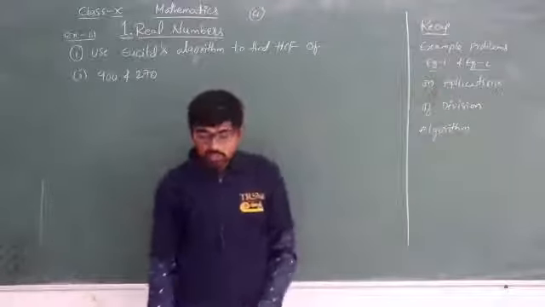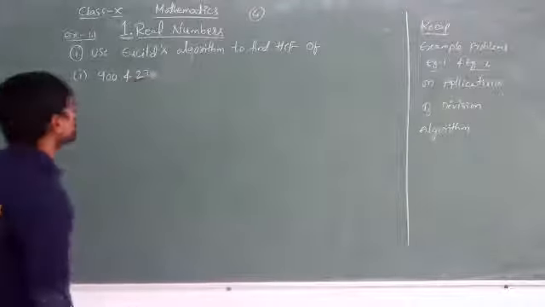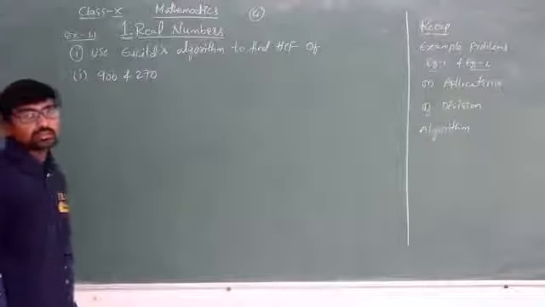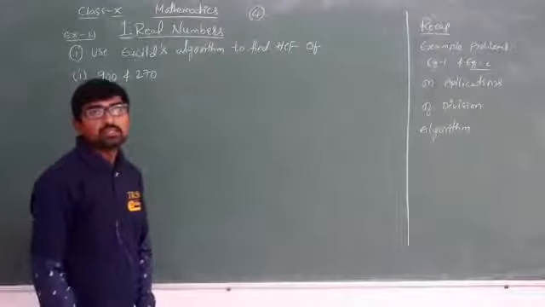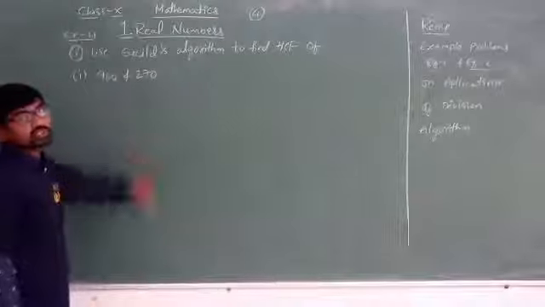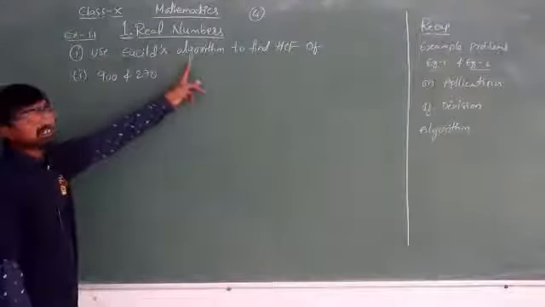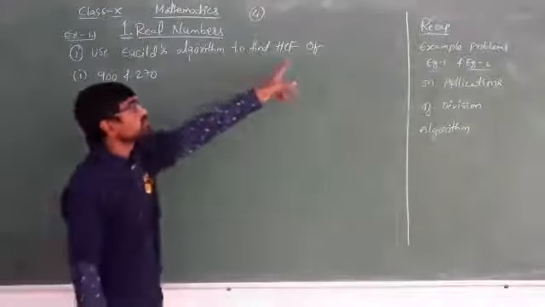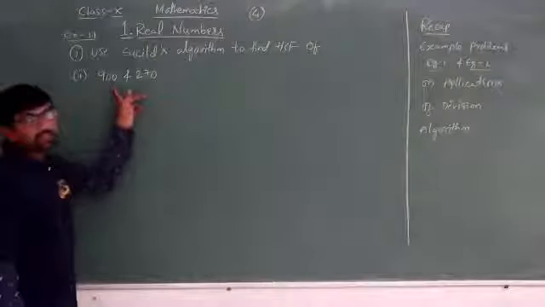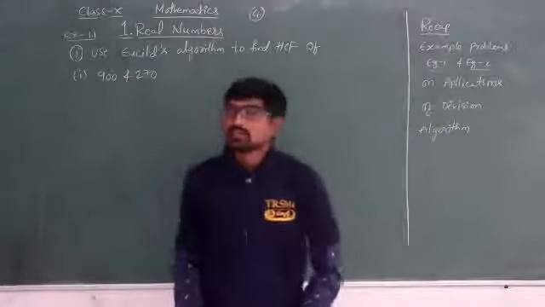So today we are going to start the first exercise of real numbers. In the first exercise, the first problem is: use Euclid's algorithm to find the HCF of 900 and 270.